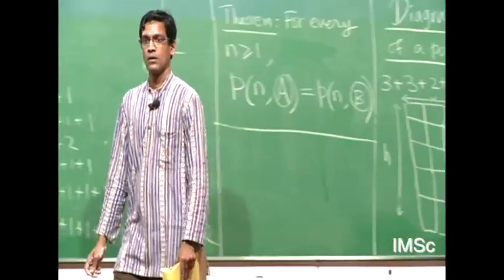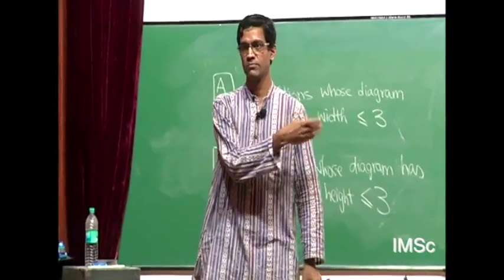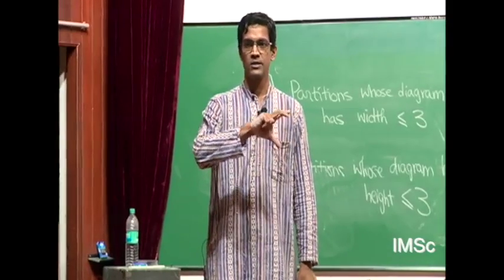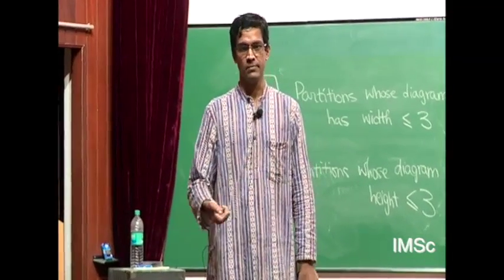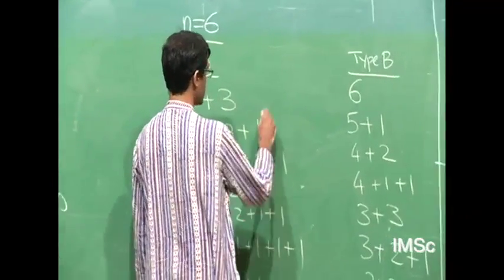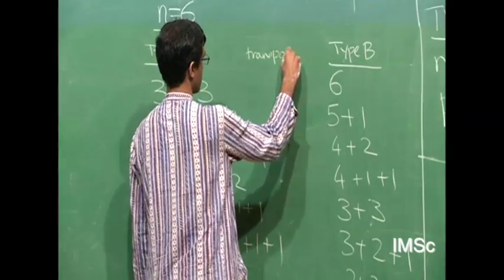Okay. So now here's what I want to do. So here's the claim. I mean, it's visually obvious now. If you take a partition of type A and you transpose it, what you get is a partition of type B, right? So let's actually see it here. I want to take each of these and transpose them, and let's see what you get on the other side.